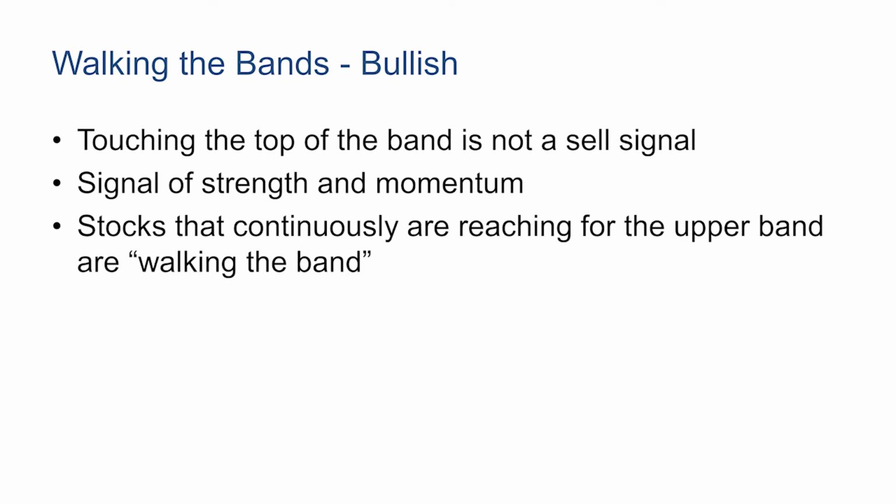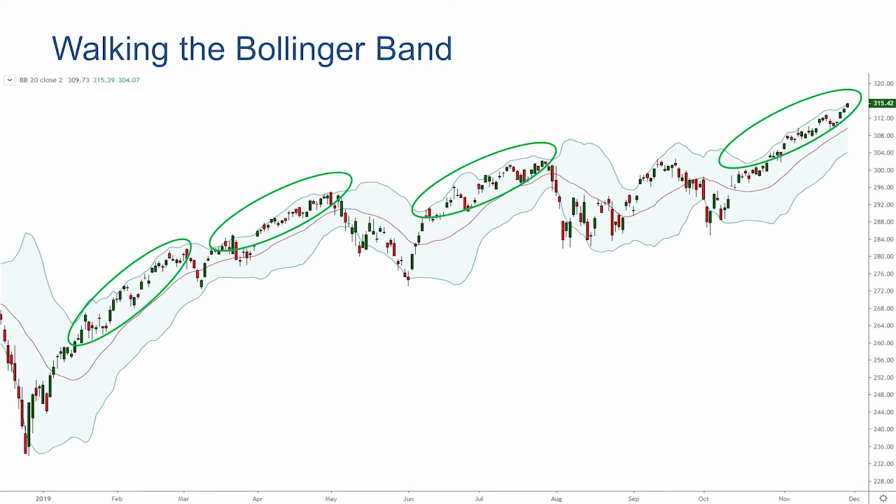It looks like this: once the price approaches and touches the top of the Bollinger Band, often traders will look for that price to continue to walk the top of the band, which is that the trend will continue to sustain and push while it's continuously testing the top end of the band along the way.